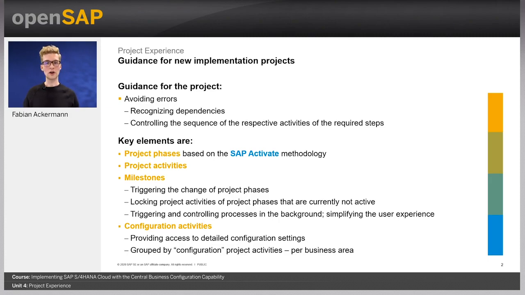Last but not least, there are configuration activities. The project experience provides access to detailed configuration settings, and these configuration activities are also grouped by business area. So for example, configuration activities related to manufacturing would be put into one group, and activities related to sales and services, for example, would be put into another group for a better overview.